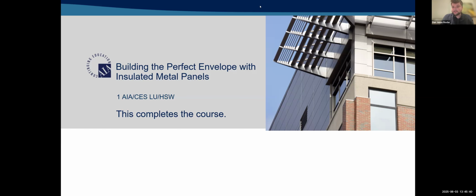What are typical adjustments made to the system to accommodate seismic movement for very tall panels? Very tall panels, seismic movement. Okay, so insulated panels, of course, being metal, do have some room for flex, but that insulated core does provide a lot of stiffness to the panel.